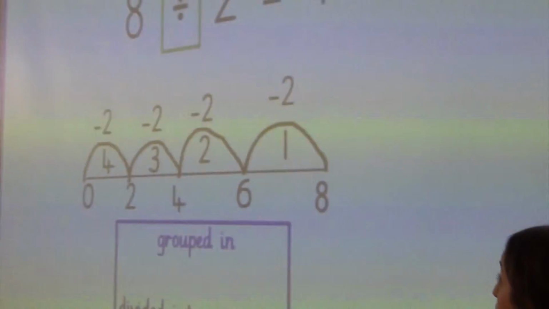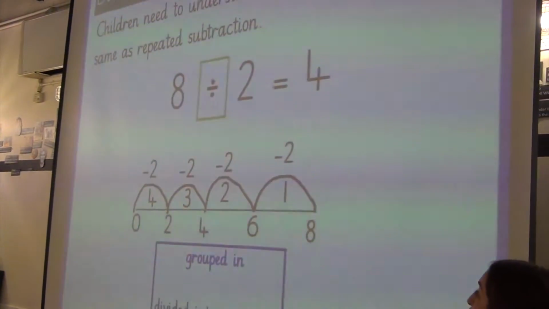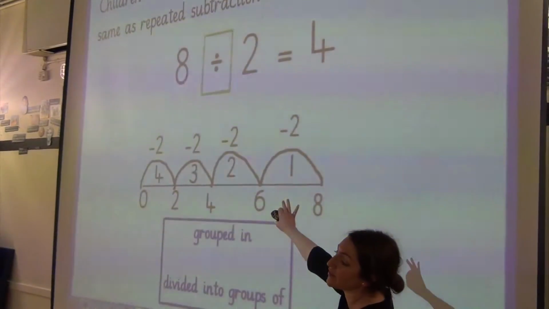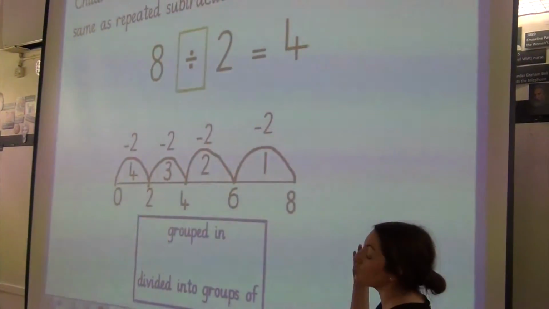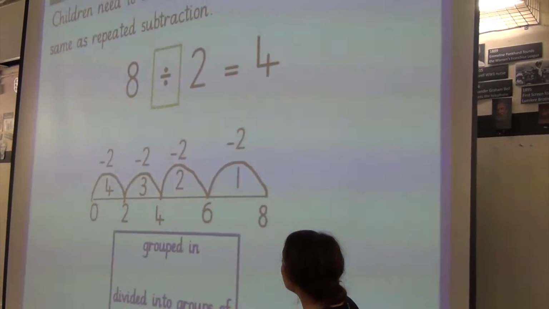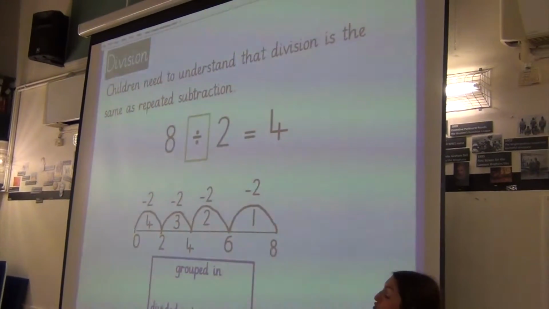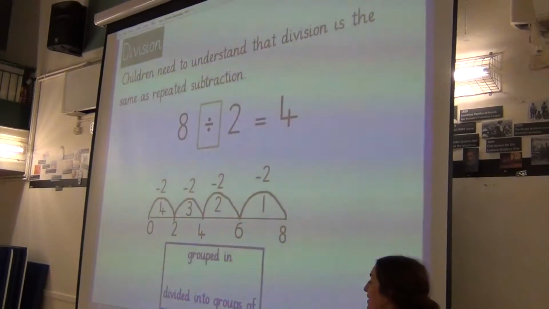So in Year 2, children need to understand that division is the same as repeated subtraction. What we taught them this year is that when they look at a calculation like that, we would read it as 8 divided by 2 equals. But to help them when they've been working this out, we say 8 grouped in 2 equals, or 8 divided into groups of 2 equals.